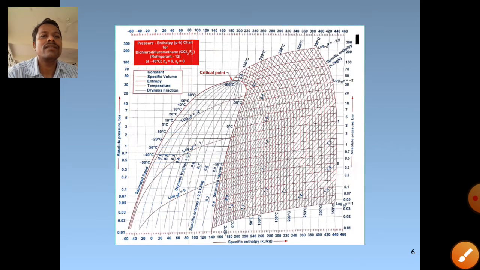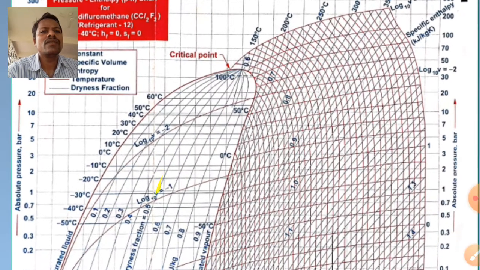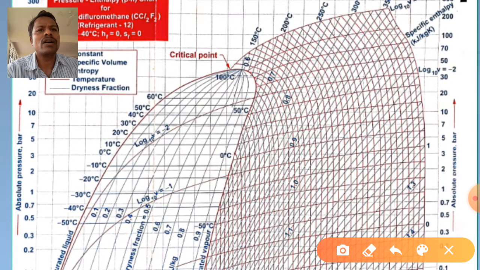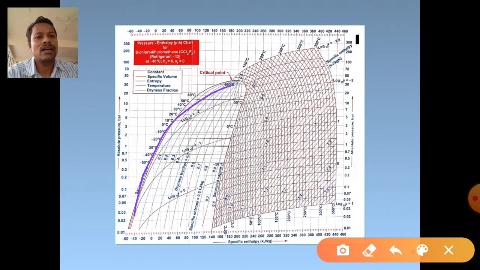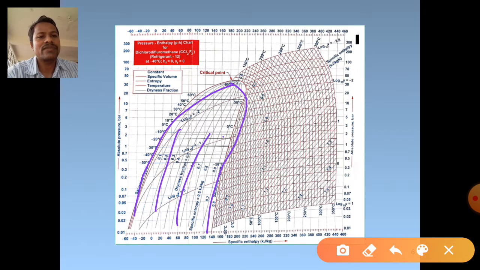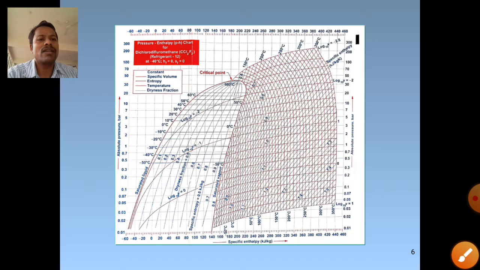Then we have one more pH chart, for refrigerant 12, Freon 12, wherein we again have the saturated liquid line, saturated vapor line, and constant dryness fraction lines. Then constant entropy lines are available. So we can refer to all these charts.